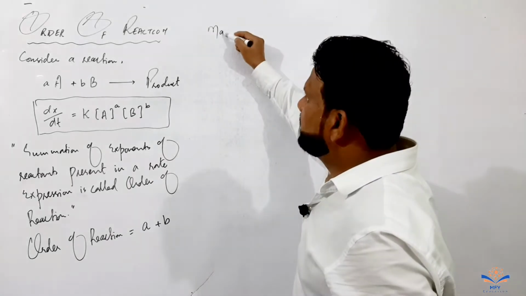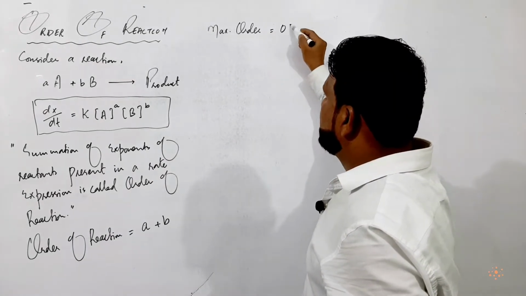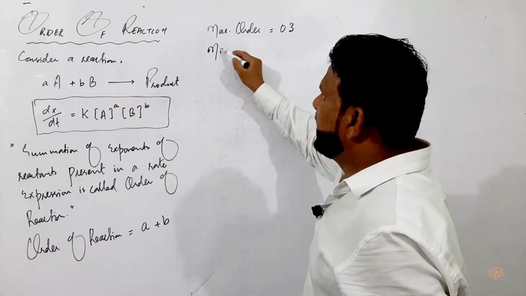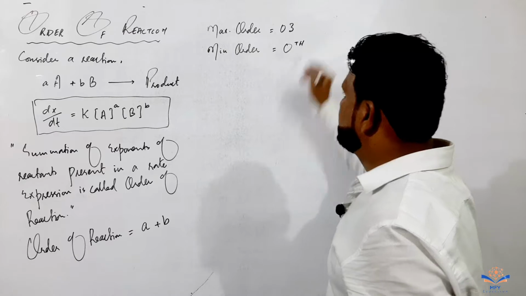Maximum order is 3 and minimum order is 0th.